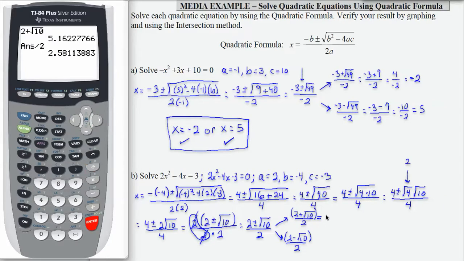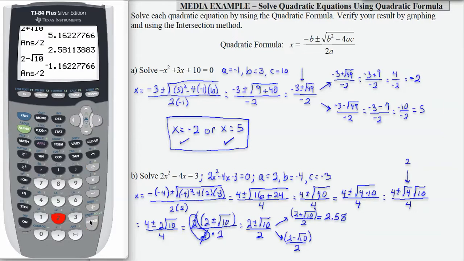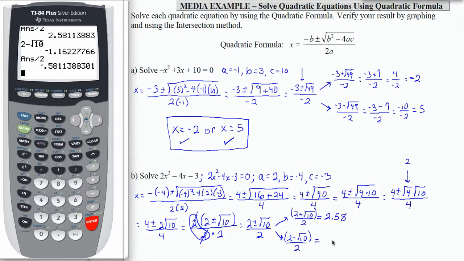That gives me, and let's round to 2 decimals, 2.58. Let's do the same kind of thing with the second one. 2 minus the square root of 10. Again, I'm going to see how this flashing cursor is stuck underneath the square root bar. I'm going to move it outside so I can get an accurate computation, and then divide that whole thing by 2, and that gives me negative 0.58.